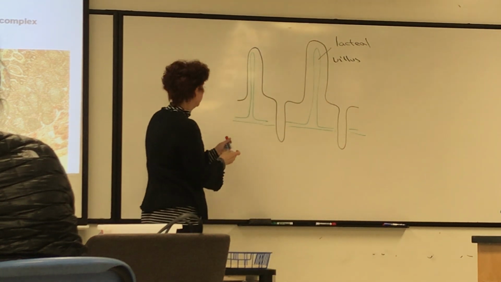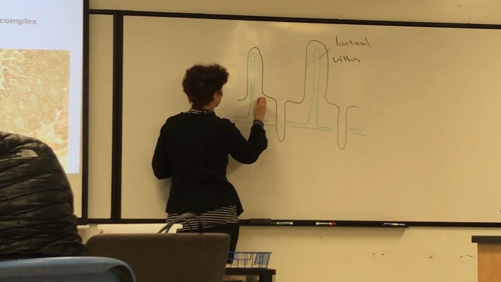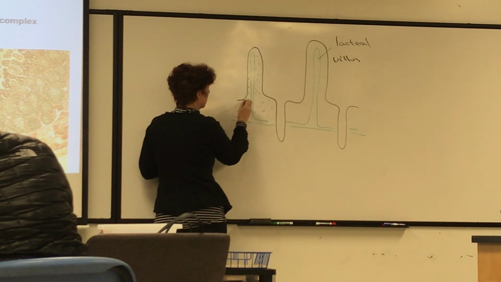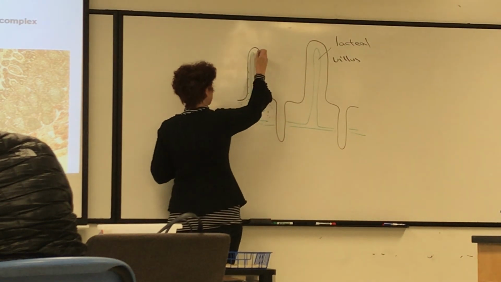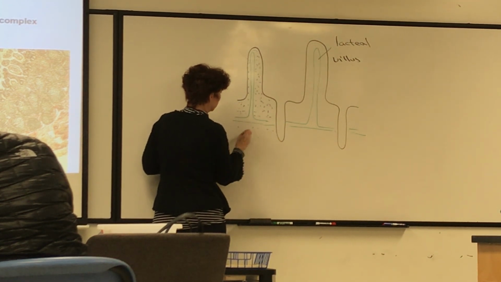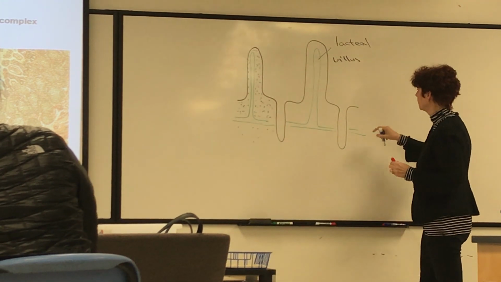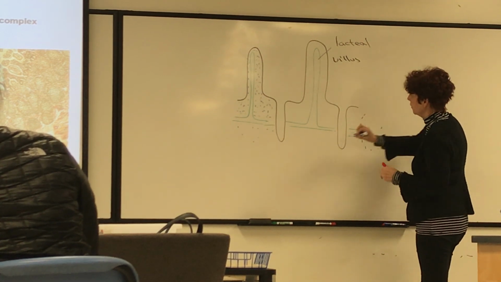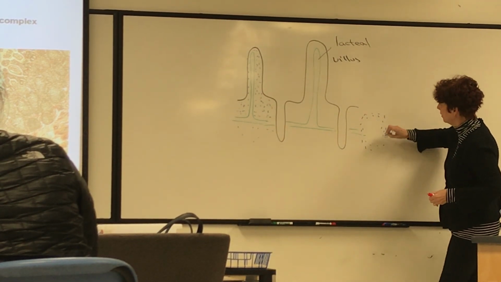And so the diffuse lymphatic tissue would just be lymphocytes disorganized in this region, while the lymphatic follicle, it may be up close to the surface or it may be down here and deeper, is a sphere.